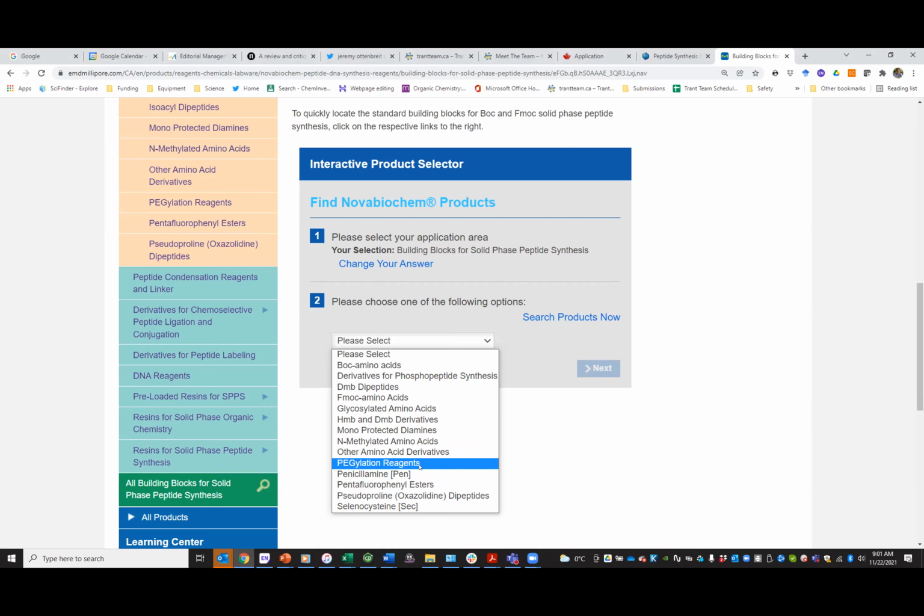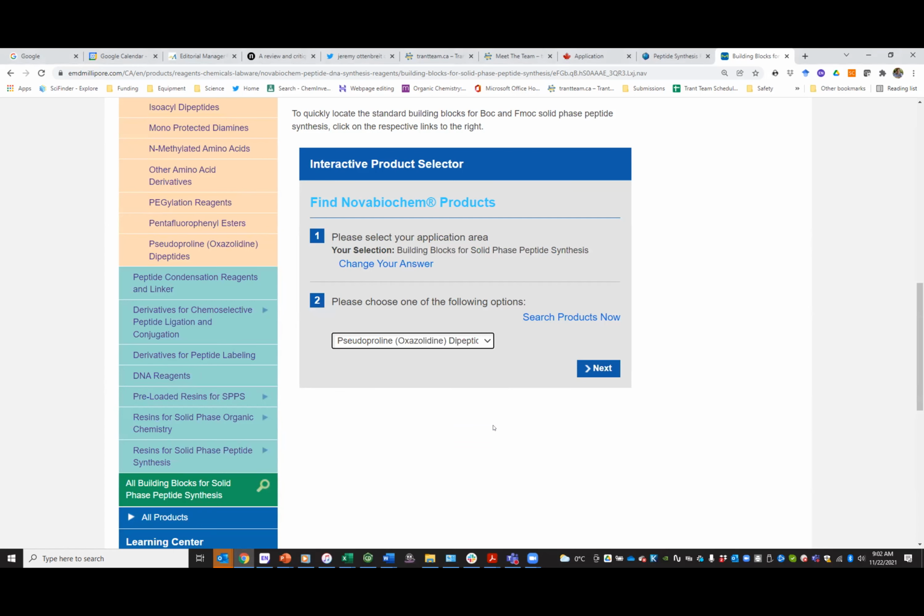reagents, some structure derivatives, I'll give some bends, capping agents, and then pseudoproline dipeptides. I'm actually kind of curious on what they got here because we're making some of these things. Oh, there are no answers.